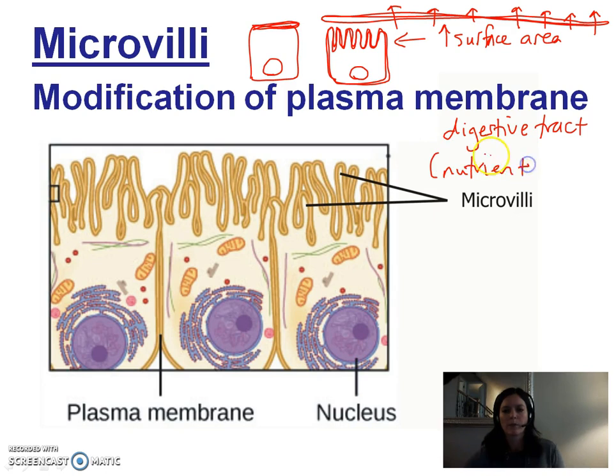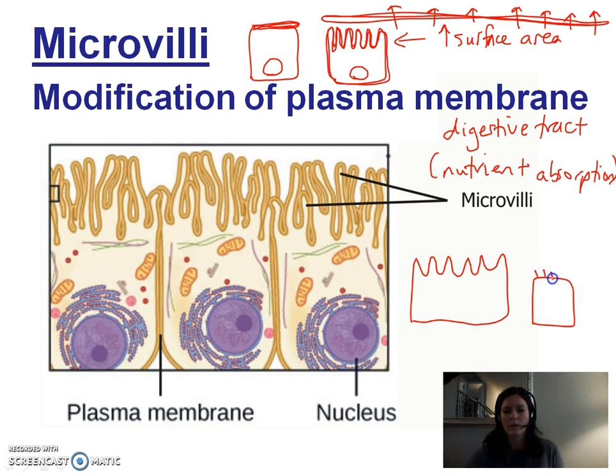We'll have other examples of this as well, but that's a good place to start. So the microvilli are a modification of the membrane itself. They're not sitting on top of a cell like the cilia are, but they are actually a part of it.